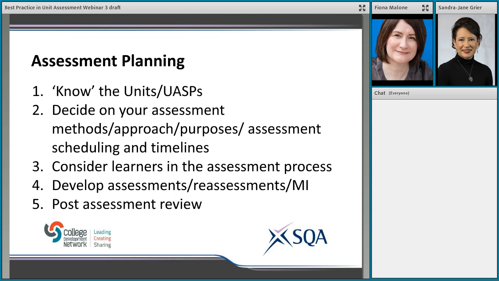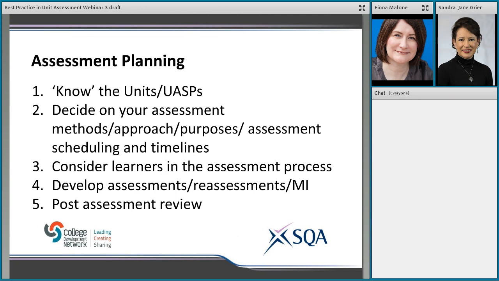It's also really important that you understand the standard expected, and there's a variety of ways you can do that. You have the national standard as defined by the Understanding Standards materials for some qualifications within the SQA web pages.